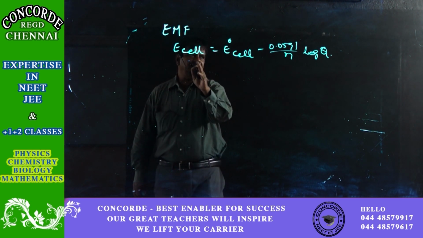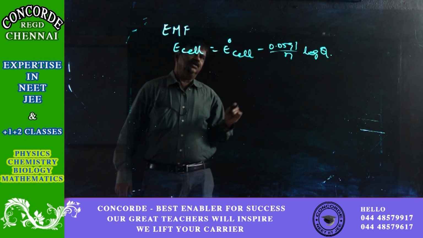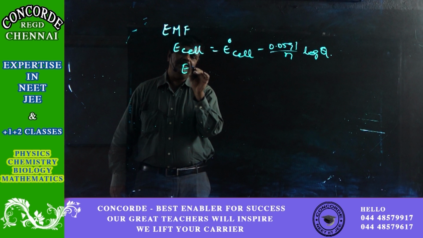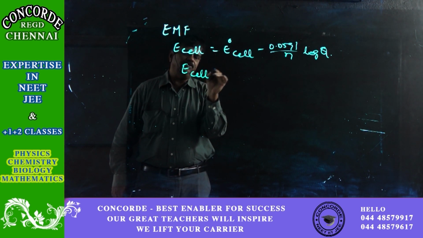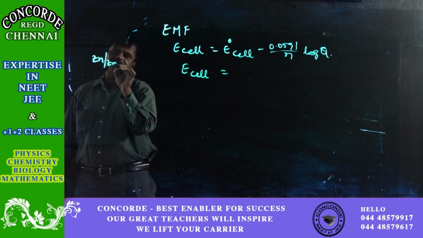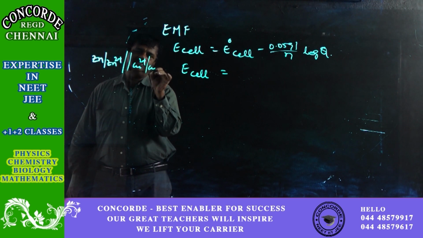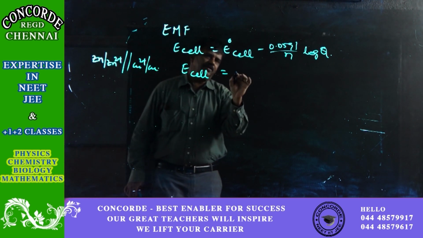The same is applicable to a Daniell cell. In the Daniell cell, the reaction involved is Zn getting converted to Zn2 plus and Cu2 plus becoming Cu. So how will it be for the Daniell cell?